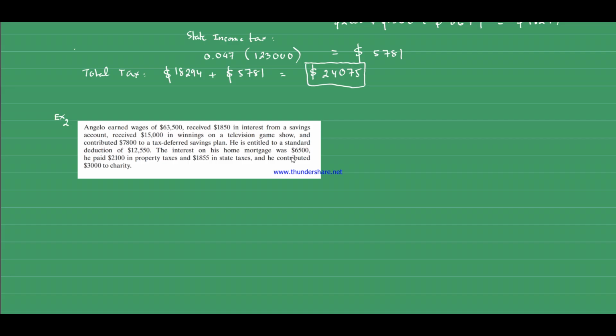There's some other deduction right here. And he paid $2,100 property tax. Property tax is also part of the deduction. State income tax. He paid and contributed $3,000 in charity. So we have different categories here, and we need a calculation to do that.